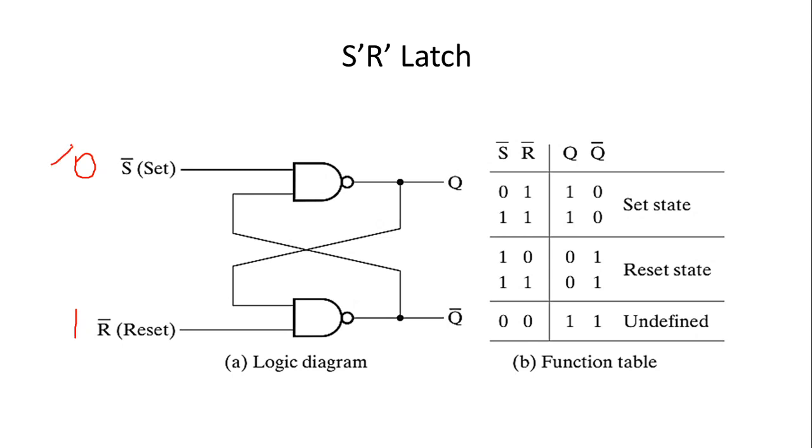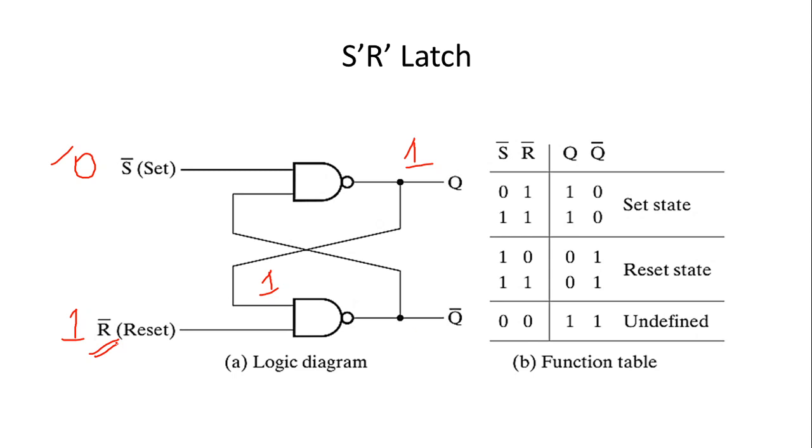For AND, if it is 0, answer would be 0, and for NAND, answer would be 1 here. And that one would be fed into our second NAND gate, and second NAND gate would have two inputs, 1 and 1 complement. So an AND of 1 and 1 produces 1.